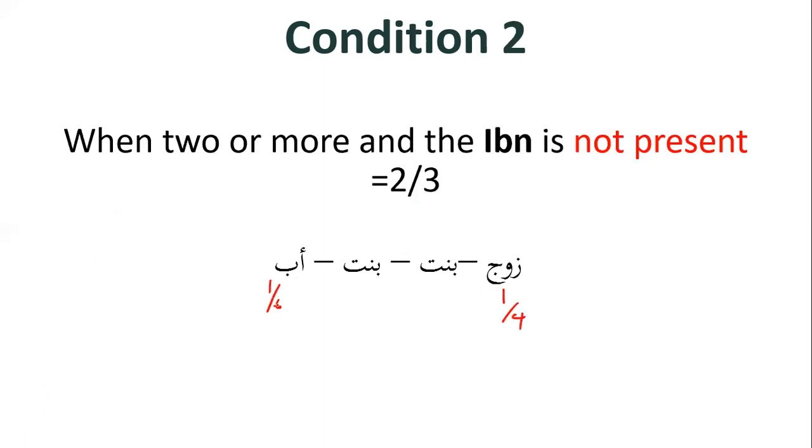We know that the Ab will get 1/6 plus Asaba. And over here, we can see that there are 2 Bints, there's no Ibn present, and so we'll draw a line underneath these two Bints and write 2/3. So that's condition number 1 and condition number 2 done.